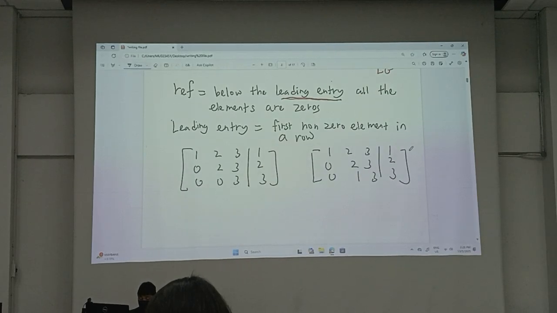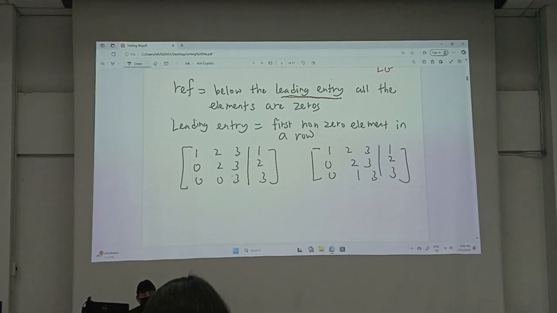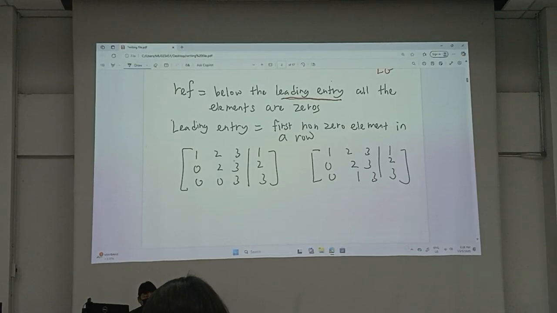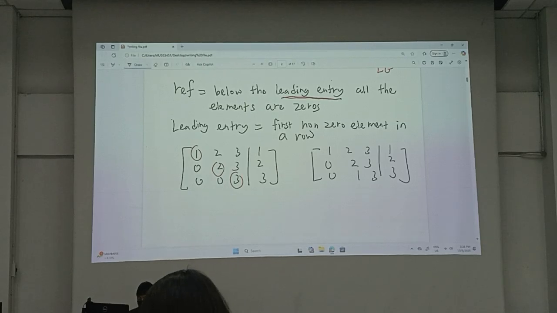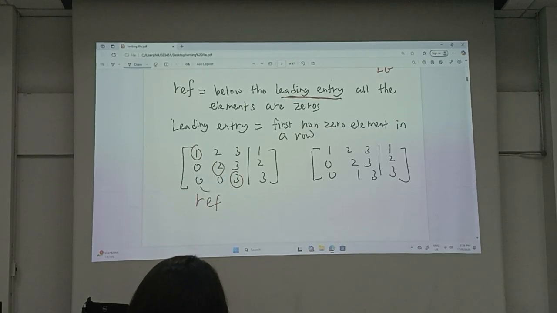Let me ask you all: do you think this is a row echelon form? Yes, right. This is a leading entry, under the leading entry all are 0. This is a leading entry, under the leading entry all are 0. So this is a REF, row echelon form.